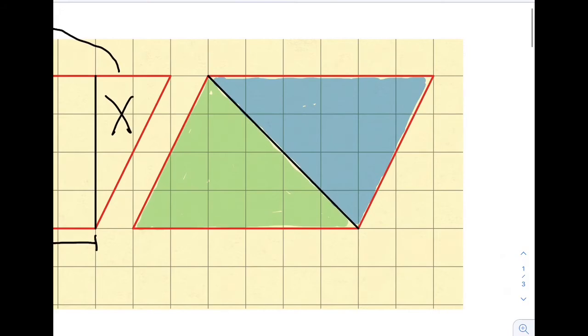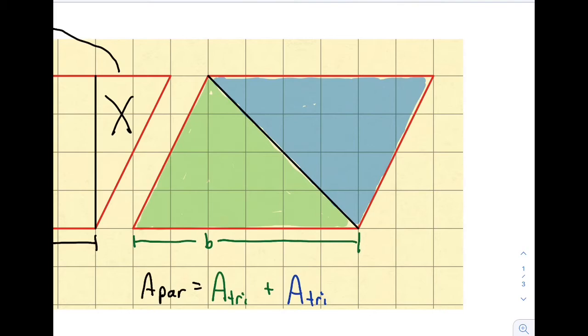So here I have my two triangles, and I know that the area of my parallelogram is going to be the area of my green triangle plus the area of my blue triangle. Looking first at the green triangle, I have my base B, and I'll draw in my height, H. When I go to do the blue triangle, notice that here my base was 1, 2, 3, 4, 5, 6 units long.